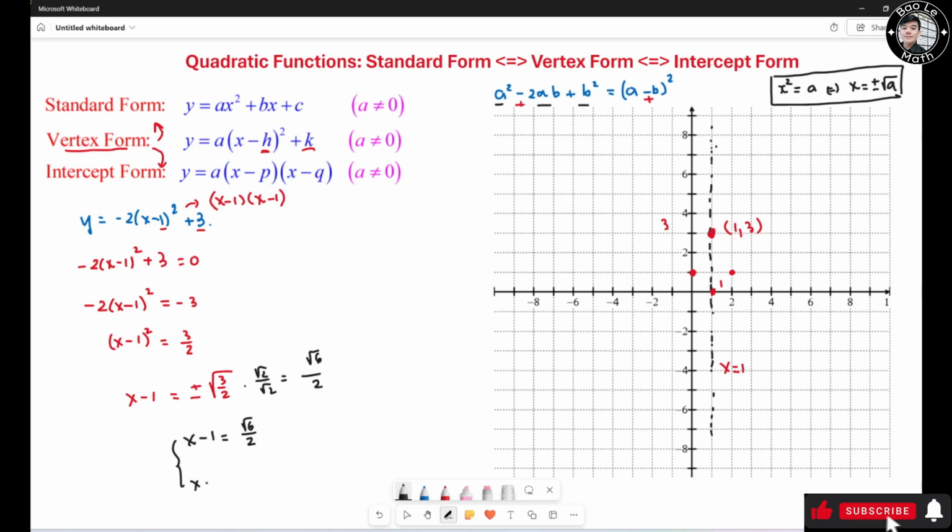The second case, s minus 1 equals negative root 6 over 2, right? So s equals root 6 over 2 plus 1, and then s equals negative root 6 over 2 plus 1, right?